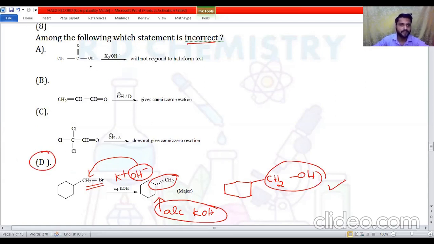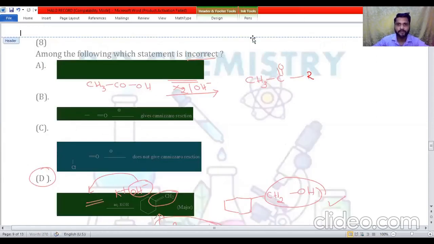See, they have given in the beginning CH3COOH, and they have said that it does not respond to the haloform reaction. That means halogen and alkali should be there. Now, which compounds can answer the haloform reaction? All those compounds containing a methyl keto group can answer the iodoform reaction.